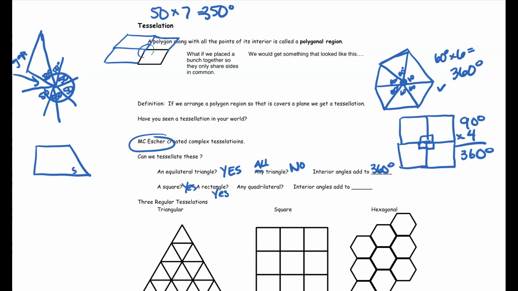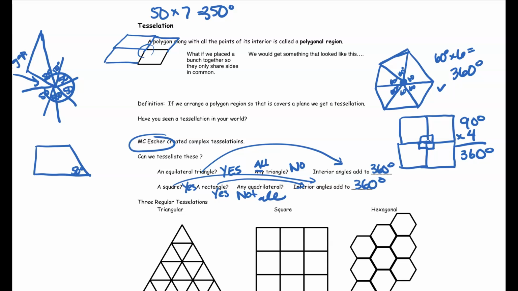You could find a trapezoid where one of the angle measures is 50, and just like the triangle above, if you tried to stick that 50-degree angle together all the way around a circle, it's not going to make 360. So not all. But the interior angles on a square and a rectangle do add to 360, and the equilateral triangle can add to 360.